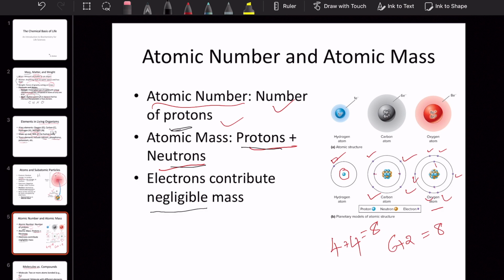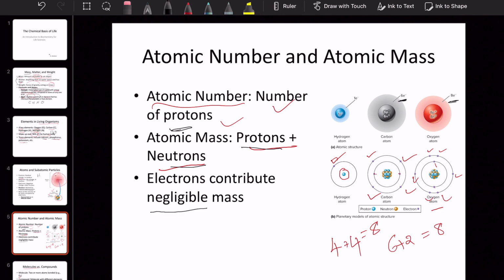Here, hydrogen has only one proton and one electron. Carbon has 6 protons, 6 neutrons, and 6 electrons. Electrons stay in the electron cloud area. Oxygen has 8 protons, 8 neutrons, and 8 electrons.